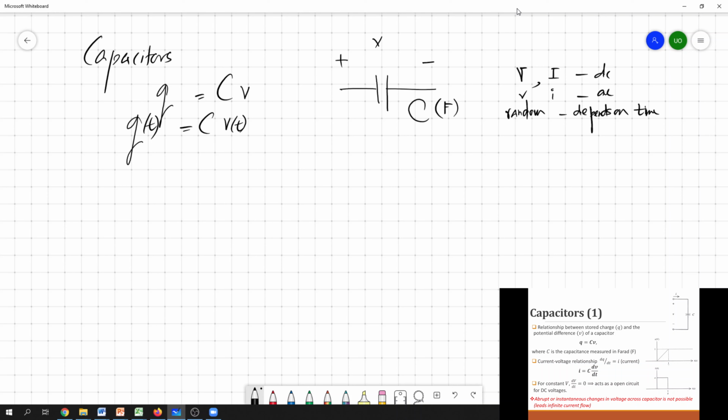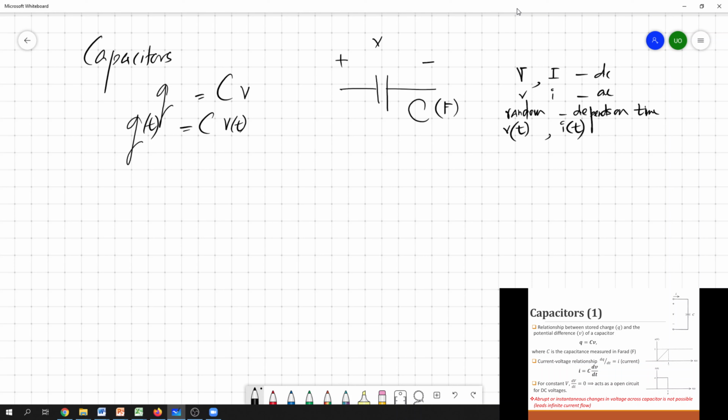That's why we come up with the notation v(t) and i(t). Here v is a voltage which is a function of time, and likewise i represents a current which is a function of time. Likewise, for this case also we can introduce this time dependency.